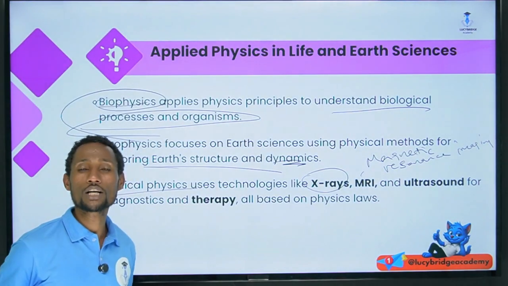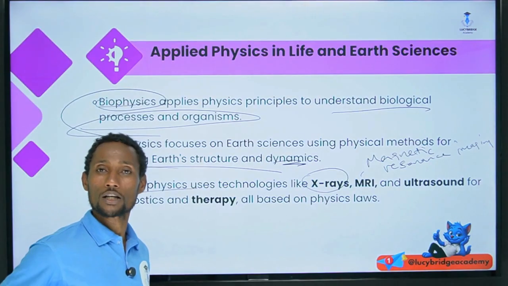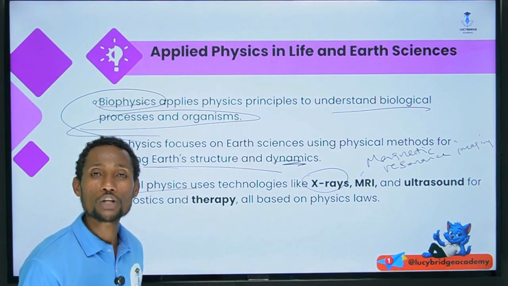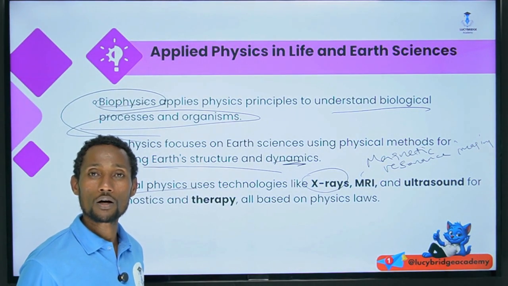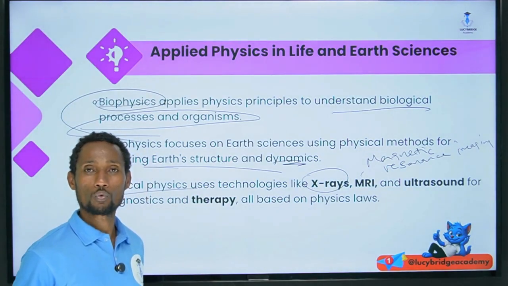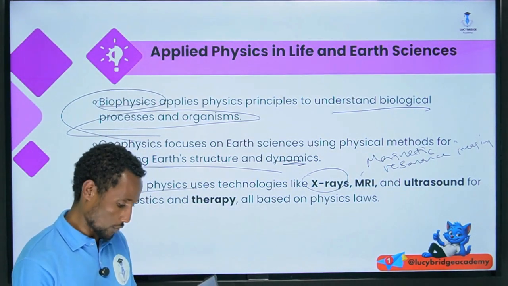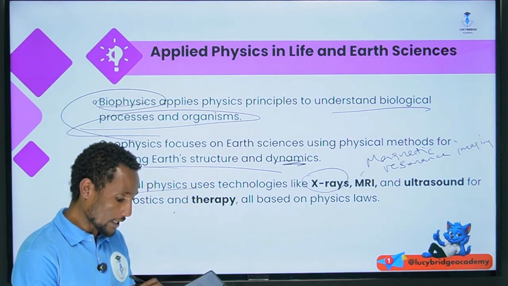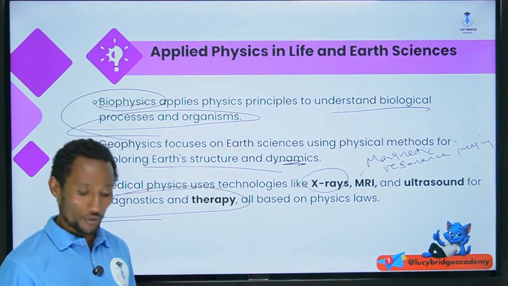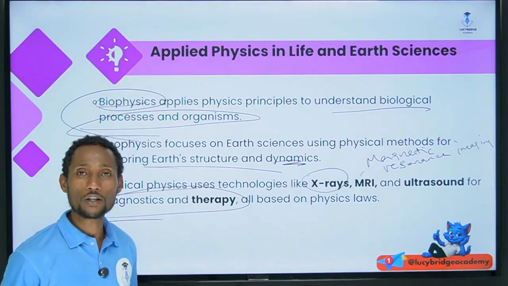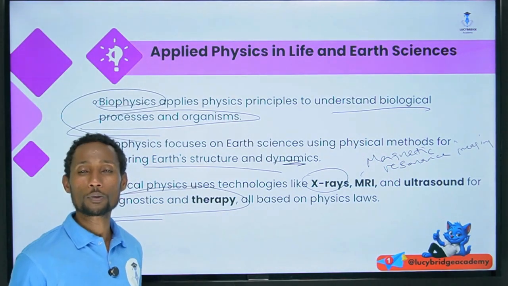The ultrasound, to check the condition of what? The internal organs, the kidney, or to check the condition of the baby in a woman's womb. And the diagnosis of different illnesses, as well as therapy.